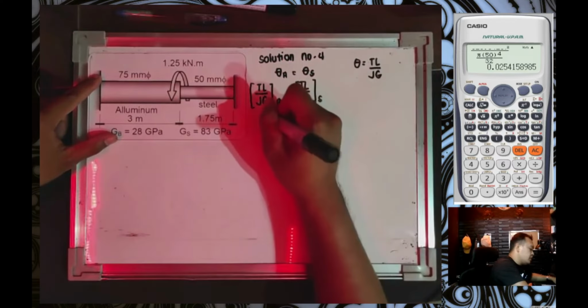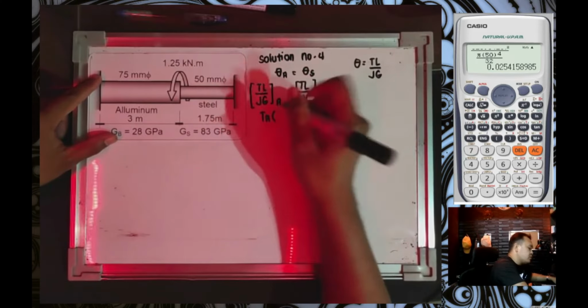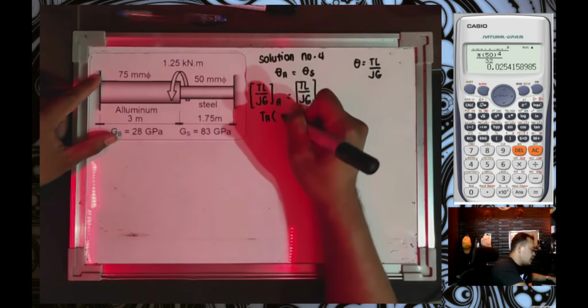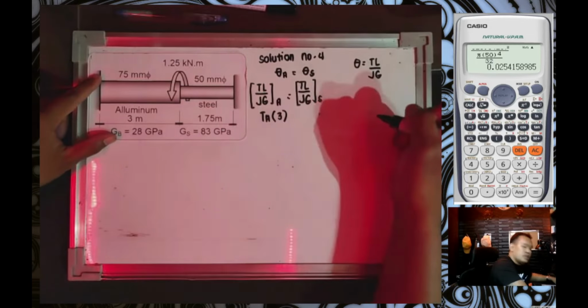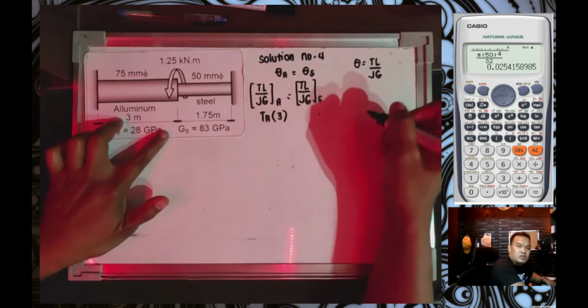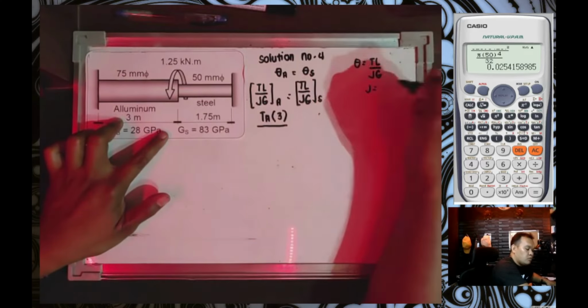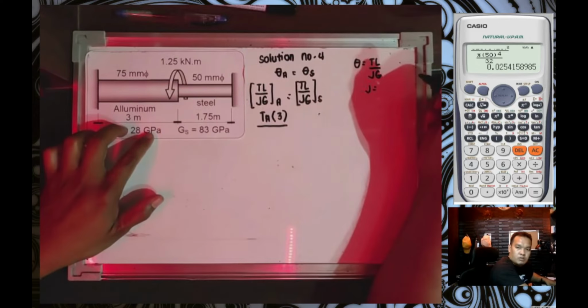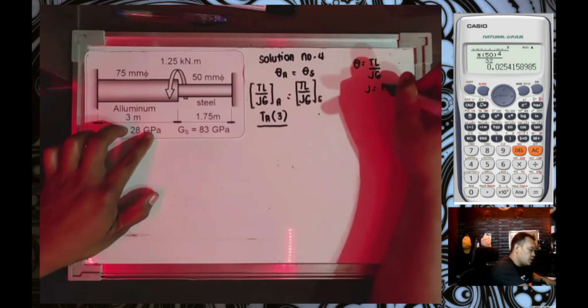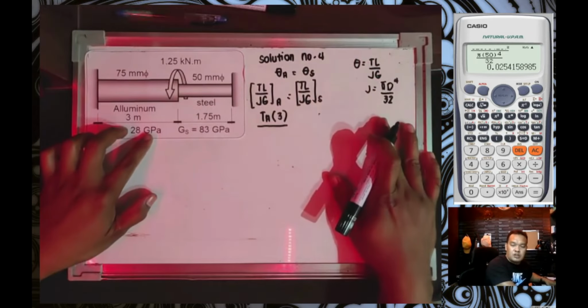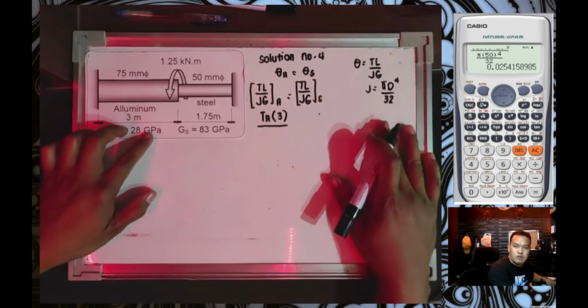So, therefore, TA times yung length ng A, ang length ng A ay 3 meters, all over JG. Take note that J is the polar moment of inertia, and when we talk about polar moment of inertia of a circle, meron tayong formula na pi d to the 4th over 32. Make sure na natatandaan nyo yung polar moment of inertia formula na yan. No?